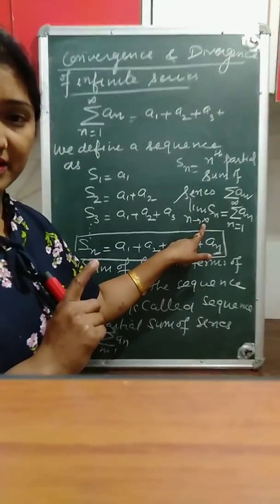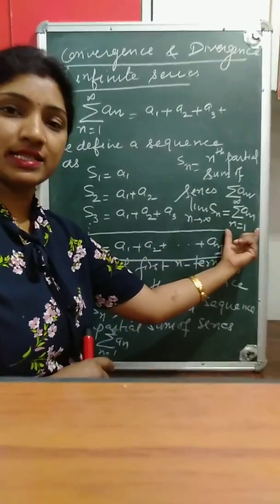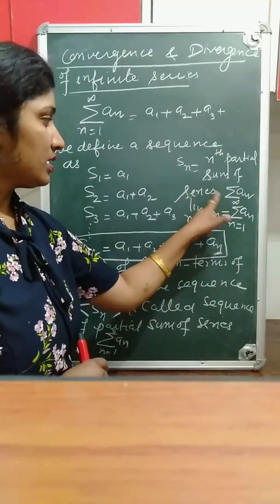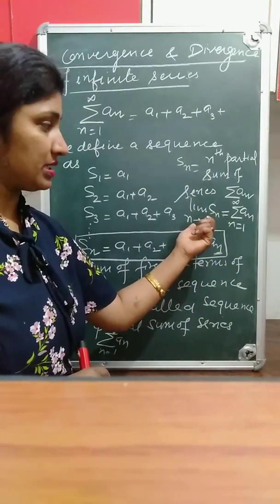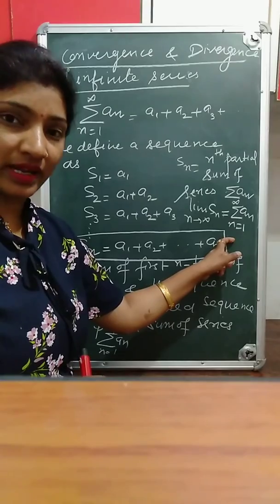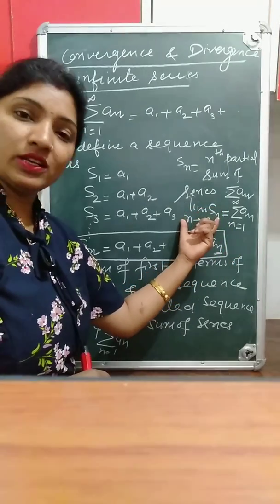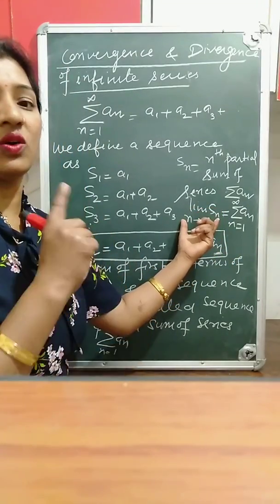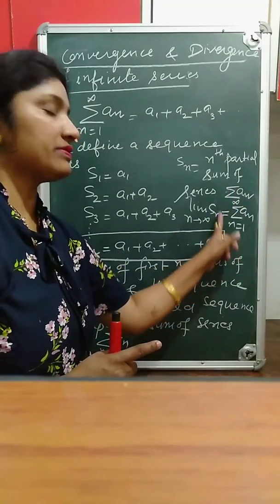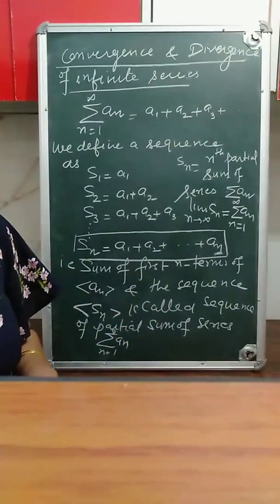If it is divergent to infinity, the series is said to diverge to infinity. If it diverges to minus infinity, the series will diverge to minus infinity. If it oscillates finitely or infinitely, the series will also oscillate finitely or infinitely.